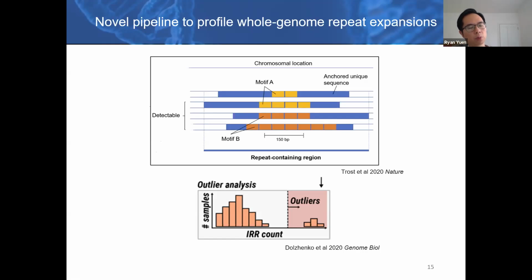So we came up with a new approach using a non-parametric method to detect these outliers. It utilizes a computer algorithm called DBSCAN, a density-based clustering algorithm. So instead of statistical outliers, we only flag the ones that are not within a big cluster. Anything outside, we consider to be outliers, and the outliers in the size spectrum we define as expansions.